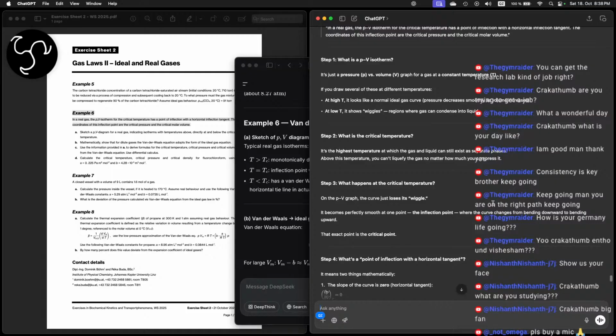You can get the research lab kind of job, right? Yes, I could, but first I have to show my professors, the university professors, that I know most of the stuff they're teaching, and I'm still on that stage.